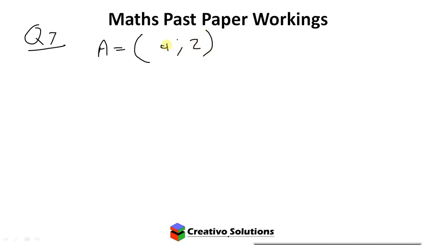So I know the y value of A, but I don't know the x value of A. Same thing with B: brackets 3 and b. I know the x value of B, I don't know the y value of B, respectively, where a and b are constants. Constants mean it's a number.